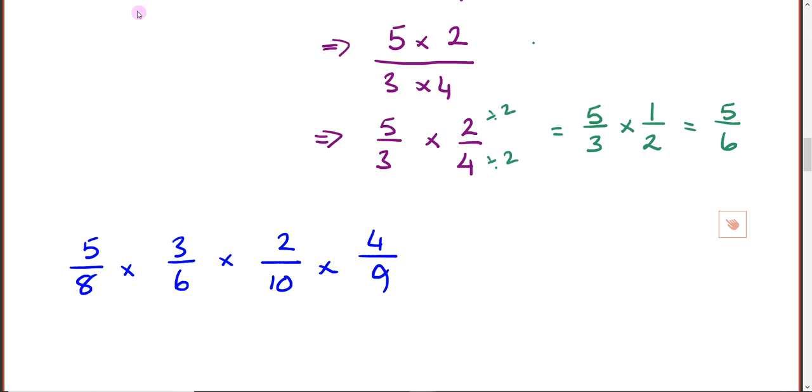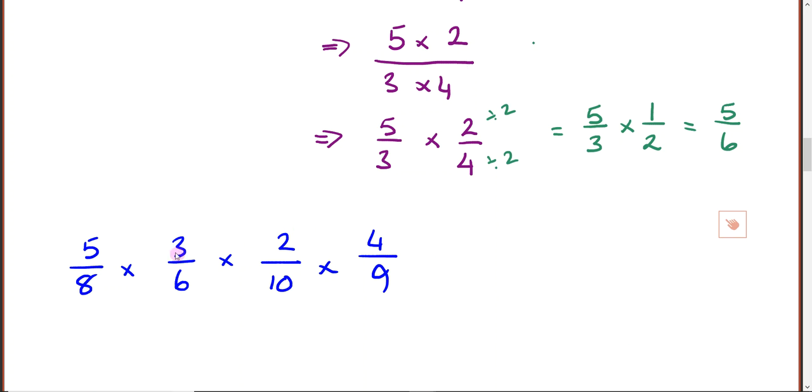But if we can cross cancel, if we can cancel things out, so we're basically using this thing that I can actually rewrite the order in the multiplication any way I like. So all the numerators can be put in any order above any of the denominators. So what cancellation can be done?